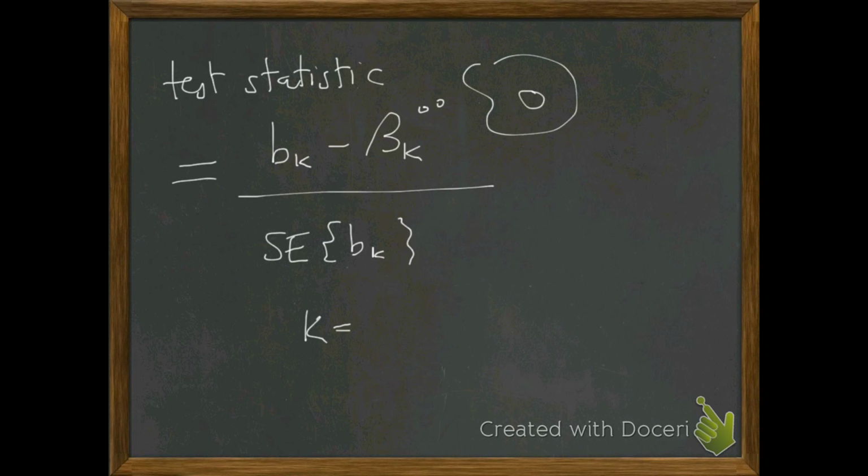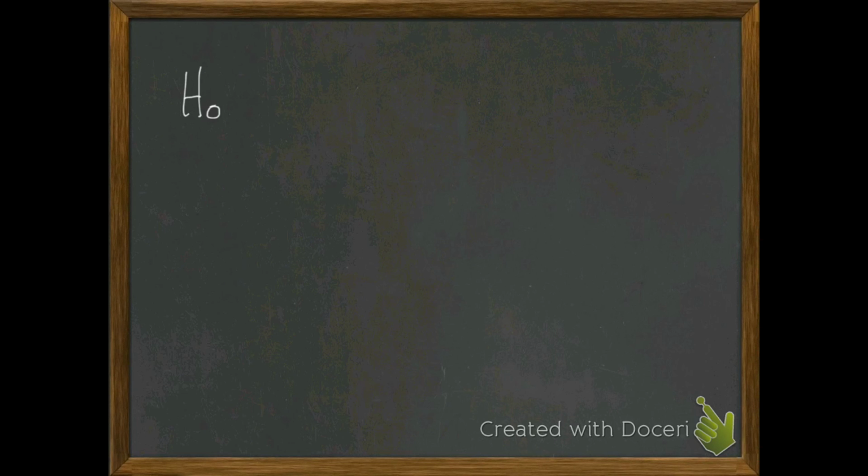And of course, this is for all of our k's from 0 up to p minus 1. So let's say we are testing that beta sub k equals 0. Therefore, clearly our test statistic will be t equals b sub k over the standard error for b sub k.